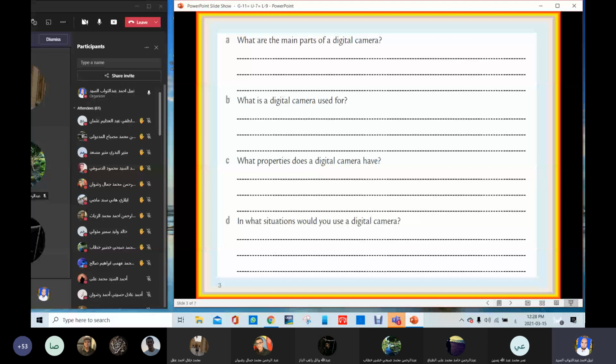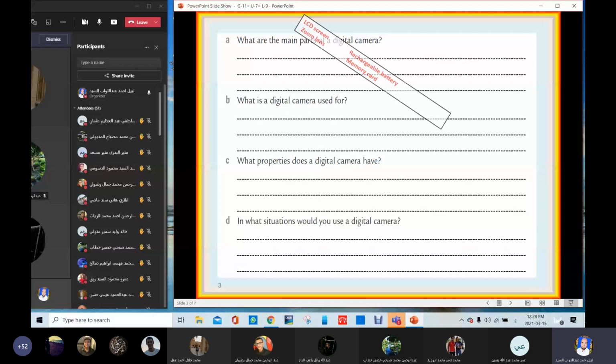And rechargeable battery. Good. And I think zoom lens. Very good. And you should use a memory card. Thank you so much, Muhammad. So the main parts of a digital camera: LCD screen, rechargeable battery, zoom lens, and memory card.